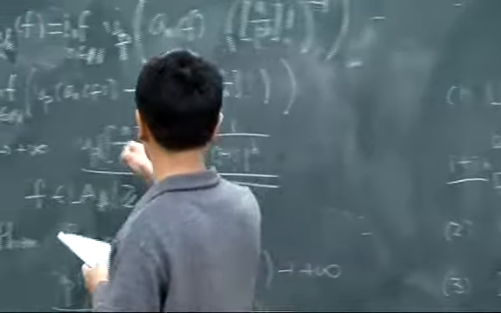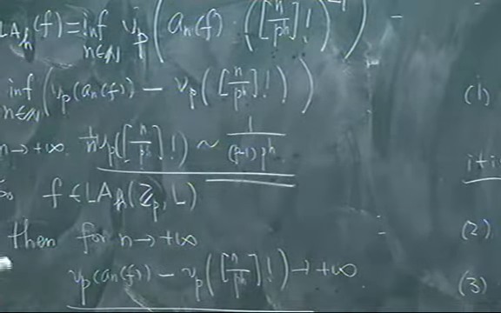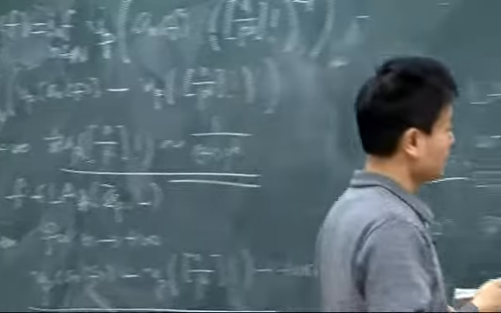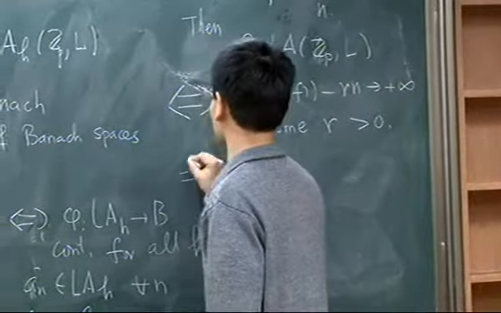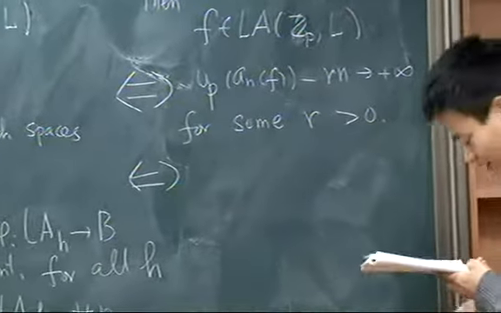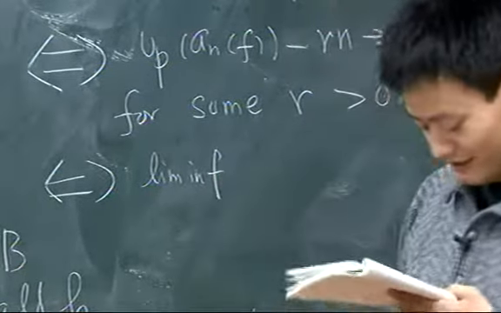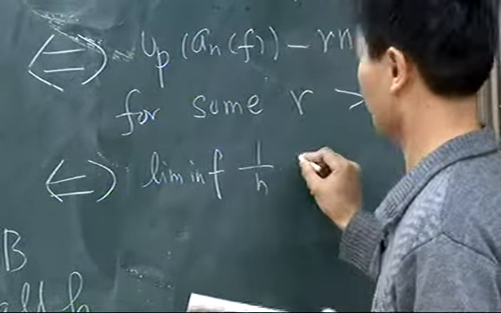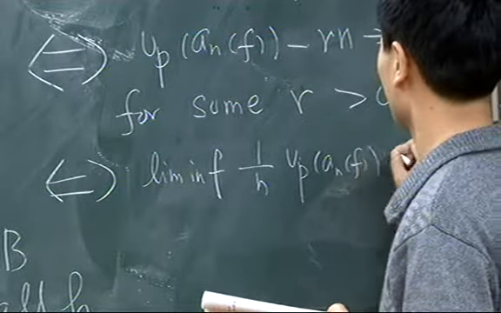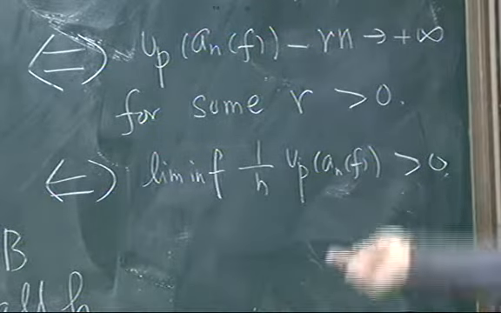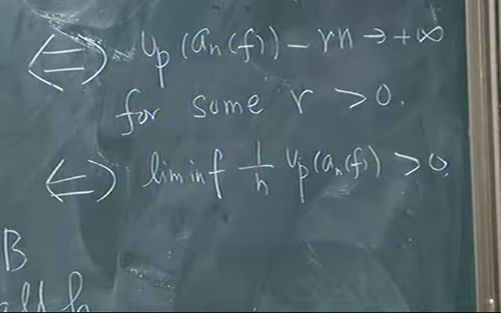Okay, so this one, I think, is 1 over N, right? Yeah. Or you can even, if you want to write in a more fancy way, it's just this, lim inf. Anybody still remember what lim inf is? Okay, this is just a notation: lim inf is bigger than 0.